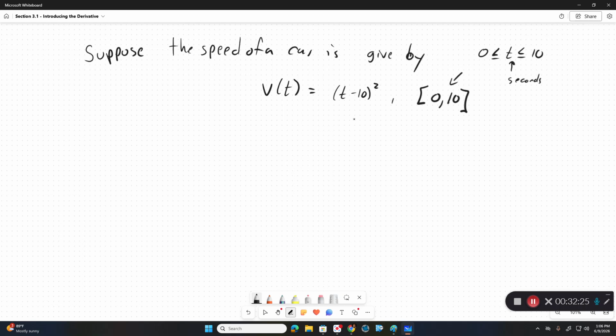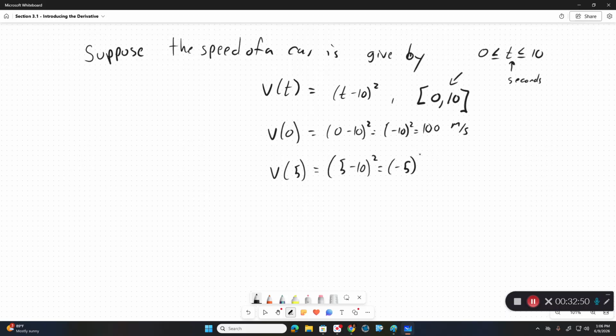And by the way, this is a car that is stopping. So if we do v of 0, we're going to get 0 minus 10 squared, which is just negative 10 squared. It has a speed of 100. And maybe that's meters per second. But after, let's say, 5 seconds, because we're slowing down, we've slowed down to 25 meters per second.